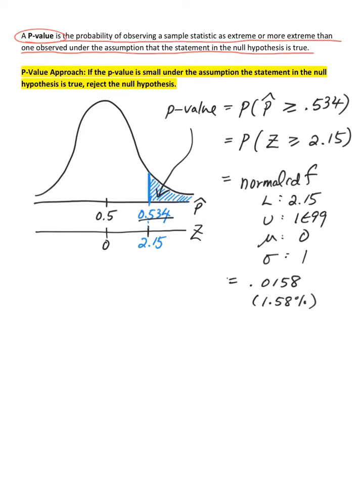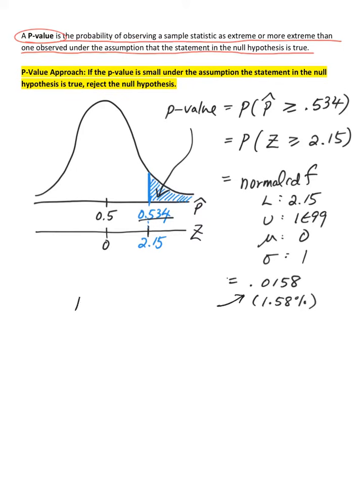What this means is that, let's say you go out there and you get a sample, and you calculate its sample proportion, p hat. The probability that you're going to get a sample proportion of 0.534 or even higher is only 1.58%.